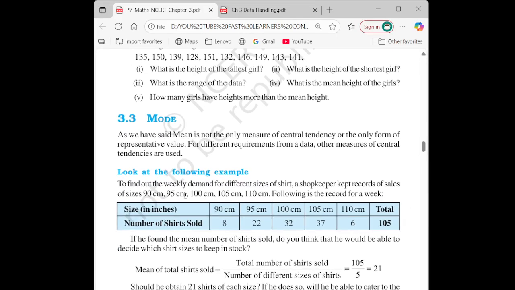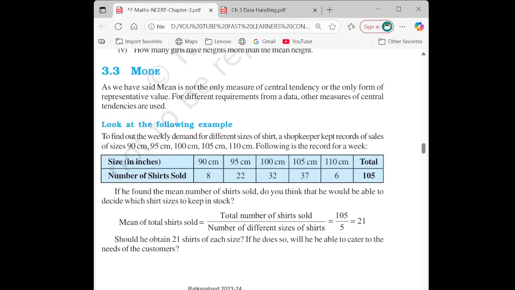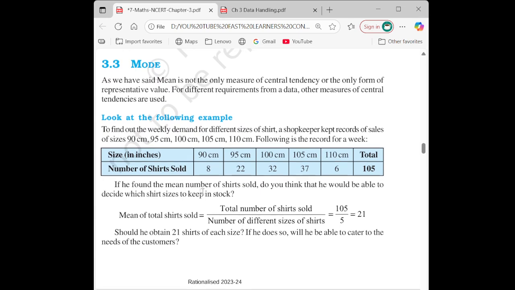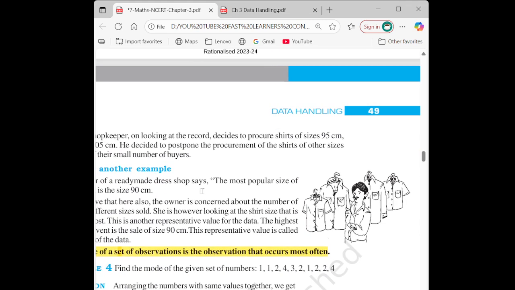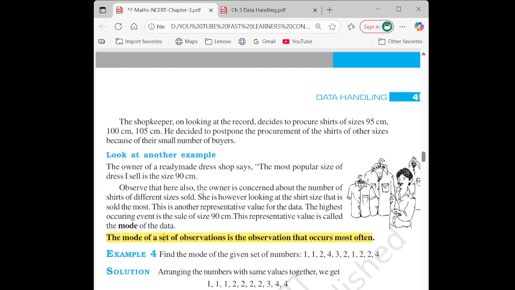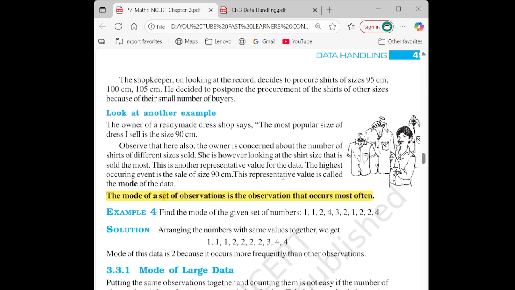Now, after learning what is mean, we will be learning mode and median. So the mode of a set of observations is the observation that occurs most often. For example, there is a set of observations given to you: 1, 1, 2, 4, 3, 2, 1, 2, 2, 4. Here 2 occurs 4 times.